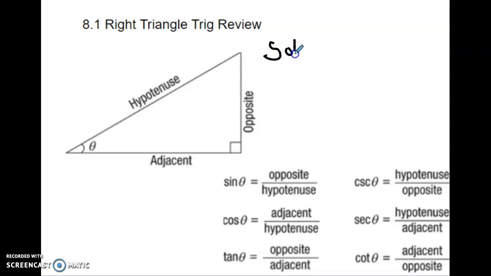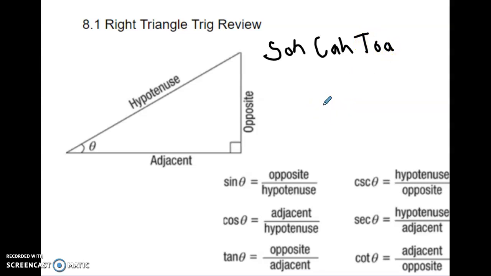And that is the three trig relationships. Sine is opposite over hypotenuse, cosine is adjacent over hypotenuse, and tangent is opposite over adjacent.